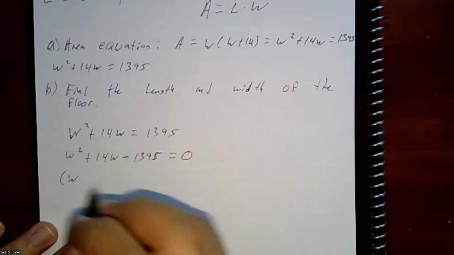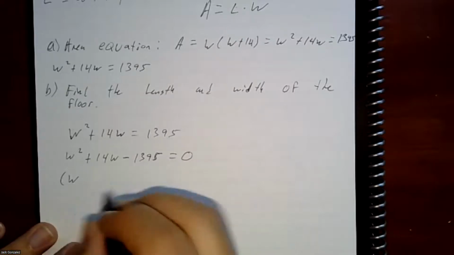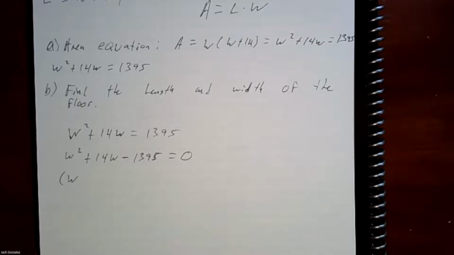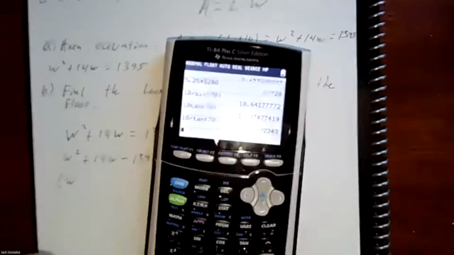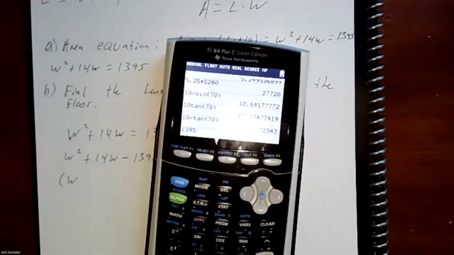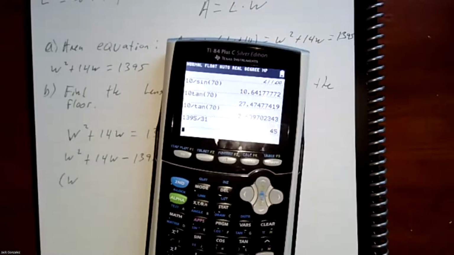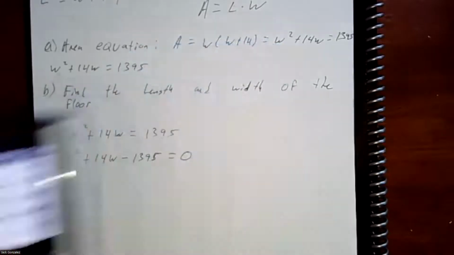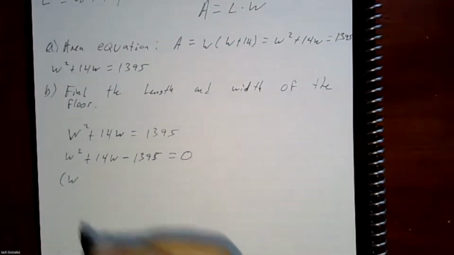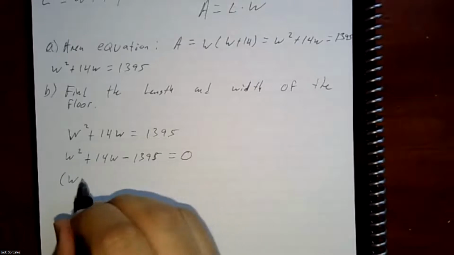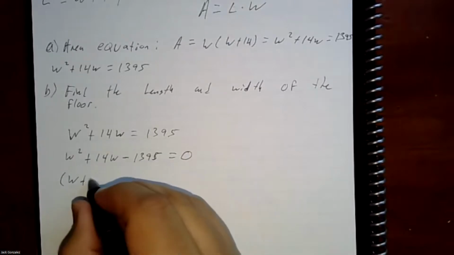Let's grab my calculator so you can see. All right, 1395 divided by 31 is 45, right? So the big one needs to be positive.